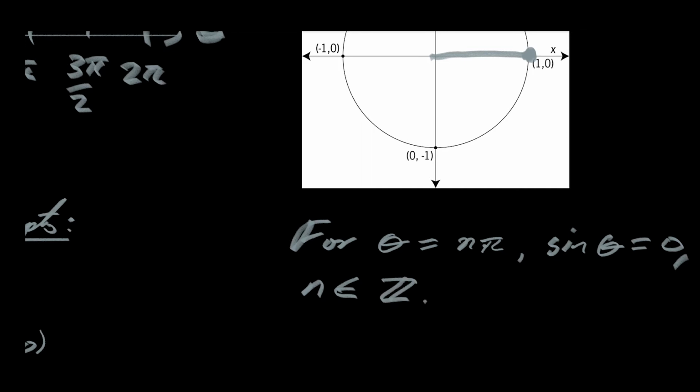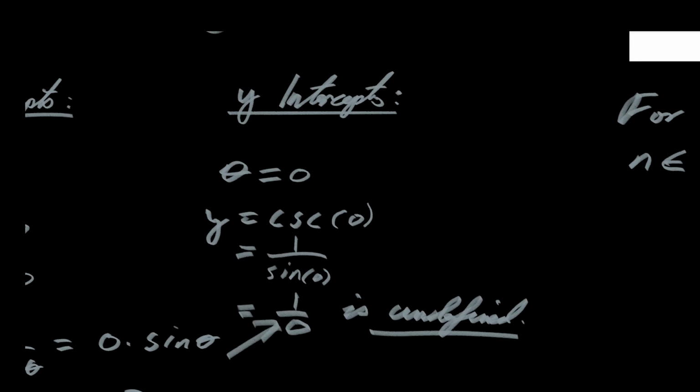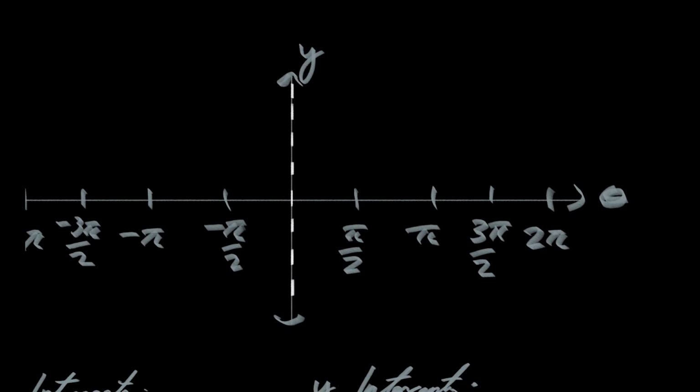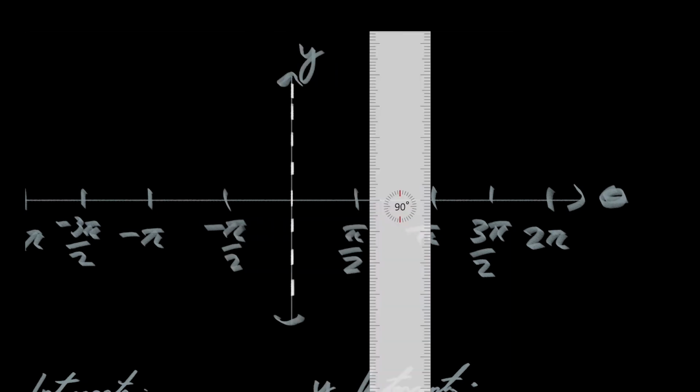So that means for every integer multiple of pi, we know that sine of theta would be equal to 0, and if sine of theta is equal to 0, we're going to get this problem here, division by 0, which is undefined. So every integer multiple of pi needs an asymptote. So we can put these asymptotes down at any n pi.